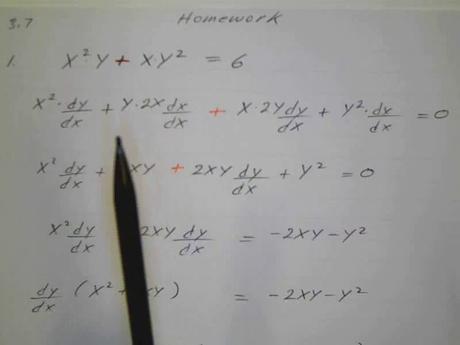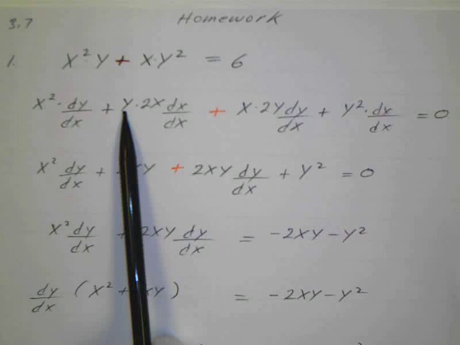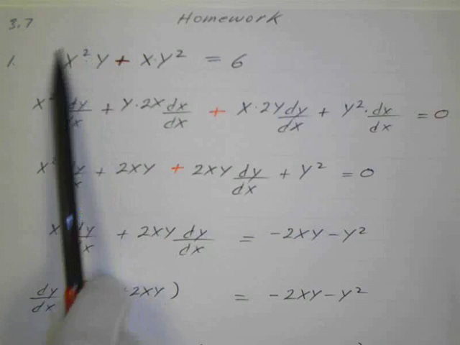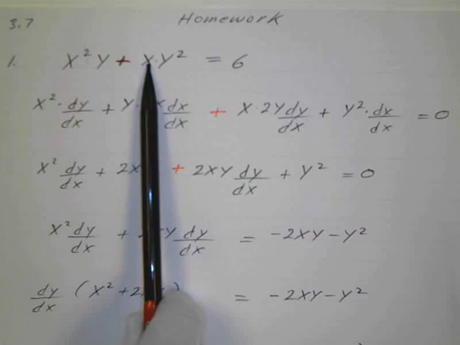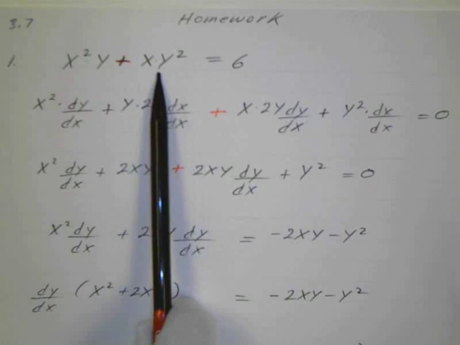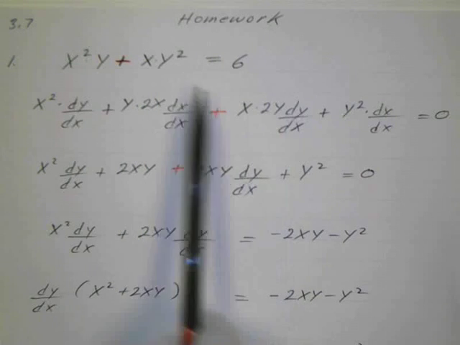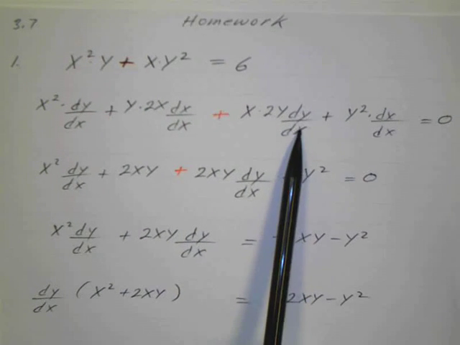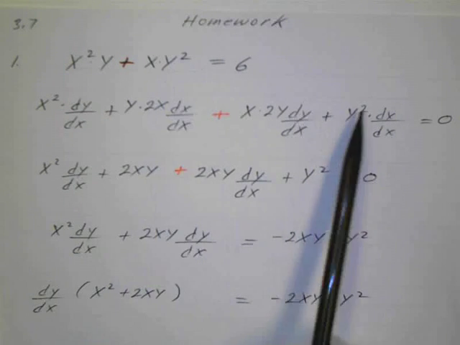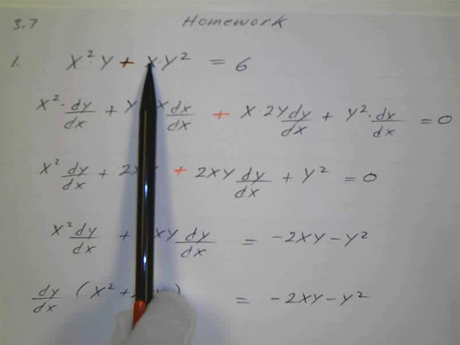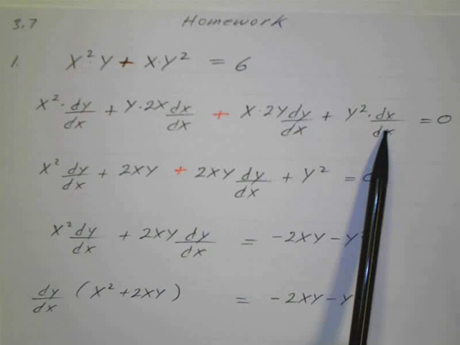And then plus the second, which is y times the derivative of the first, which is 2x times dx/dx, which eventually will be 1. And then over here, plus the first times the derivative of the second, that's 2y dy/dx, plus the second, which is y squared, times the derivative of the first, which is 1 dx/dx.